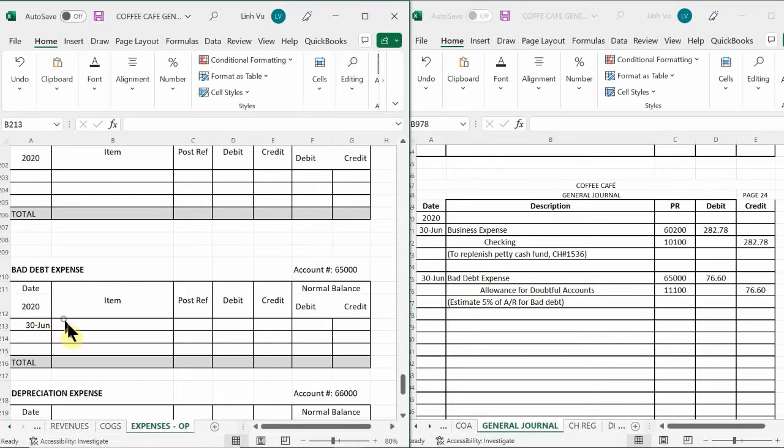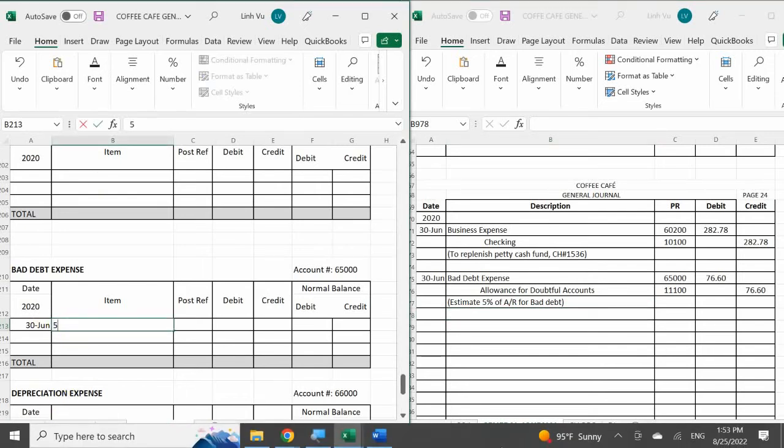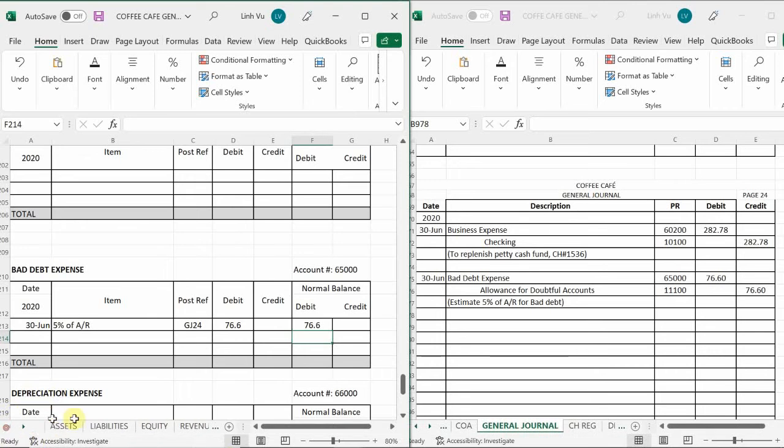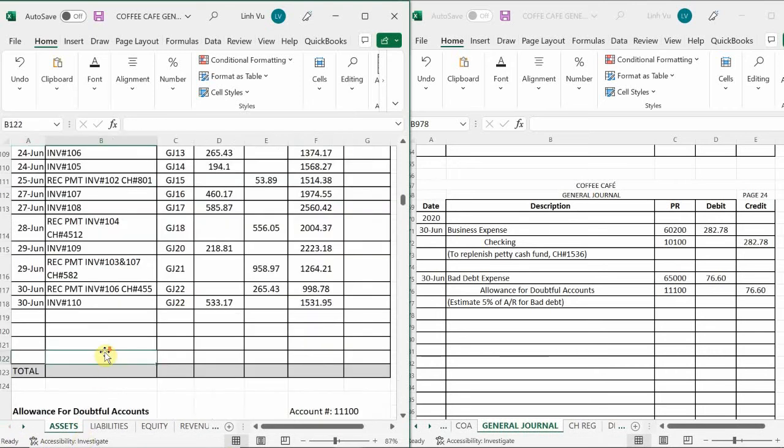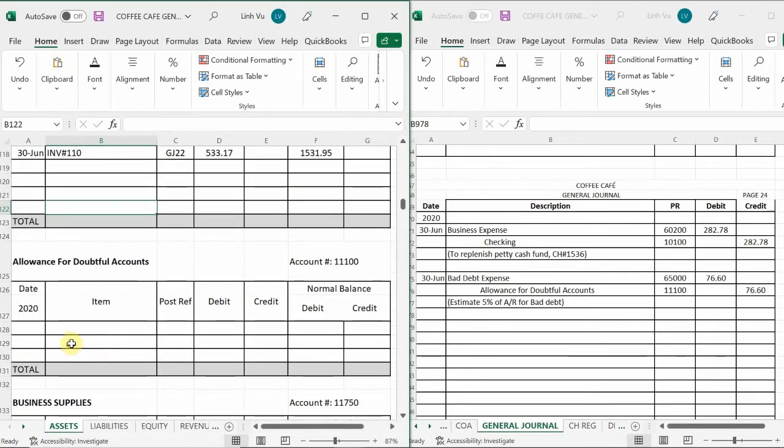And that's exactly what I'm going to do here, 5%, which costs me $76.60. And then my allowance for doubtful accounts.